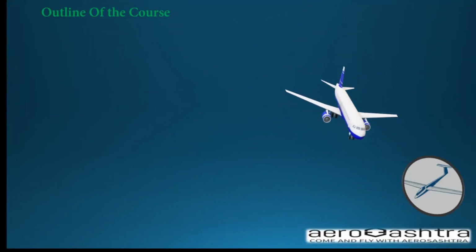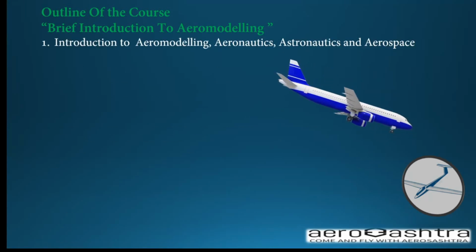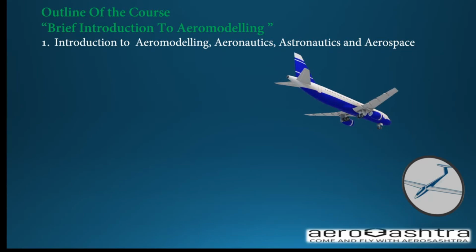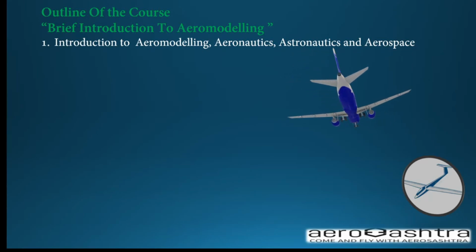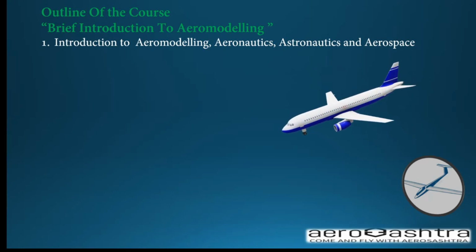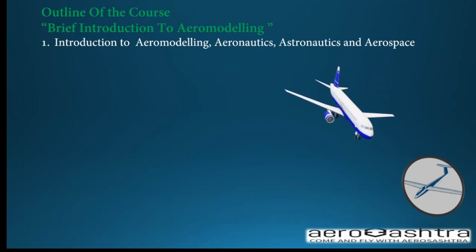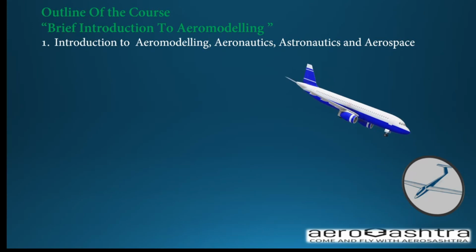So the outline of this course will be, first of all, I will introduce you to aero modeling, and also to the areas of aeronautics, astronautics and aerospace, how these things are interrelated, and the definitions of these domains.